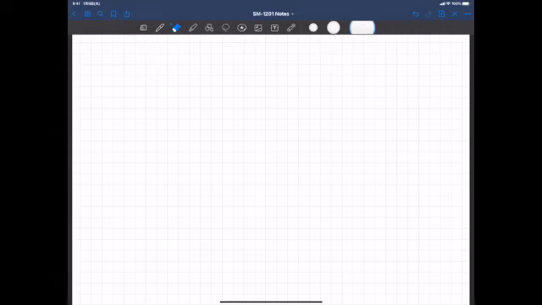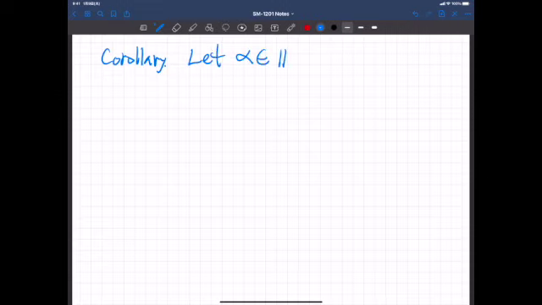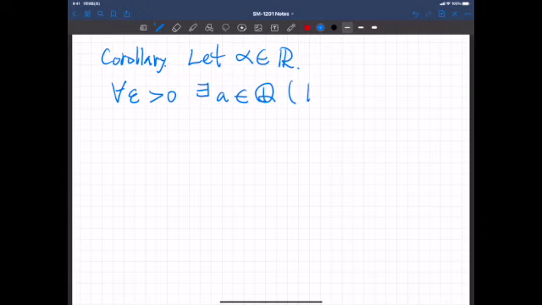Now, as a result of the denseness of rational numbers, we have the following corollary. Let alpha be any real number. Then for all positive real numbers epsilon, there exists a rational number a such that the difference between alpha and a is always less than epsilon.